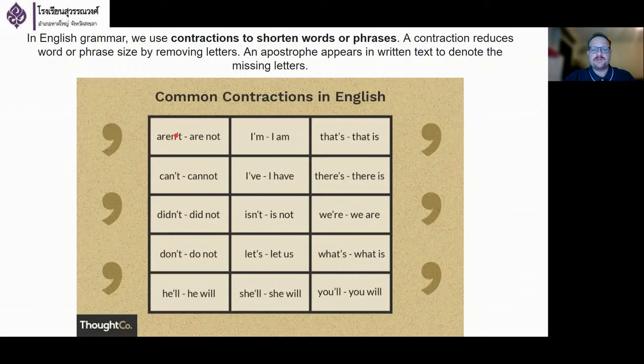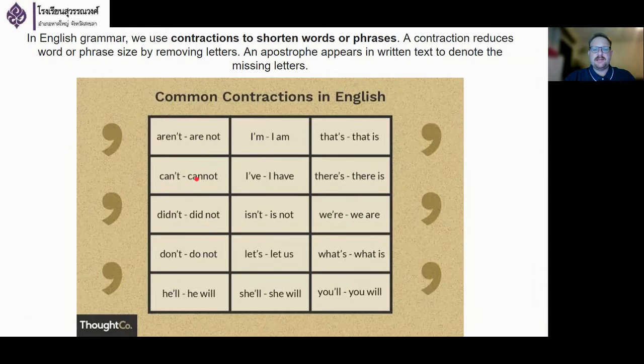So what letter did the apostrophe take? It took the O. Aren't is just are not without the O, and it's shortened into one word, aren't.